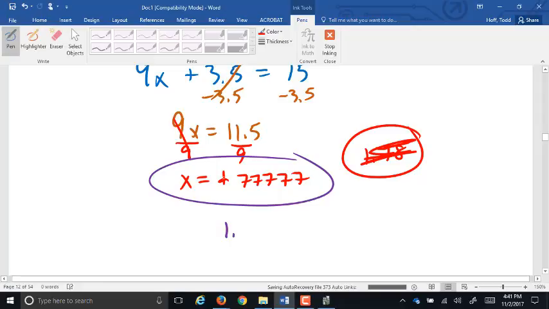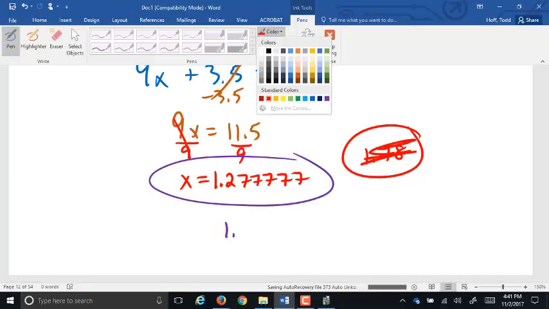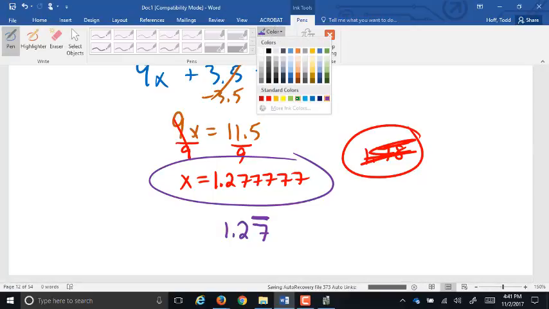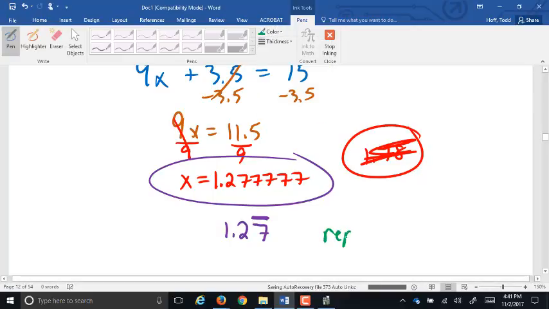Either way, we've got that 7 that keeps repeating there. How do we express that? Well, we put a bar over it. That bar tells us that 7 keeps repeating. This is referred to as a repeating decimal, and it happens a lot.